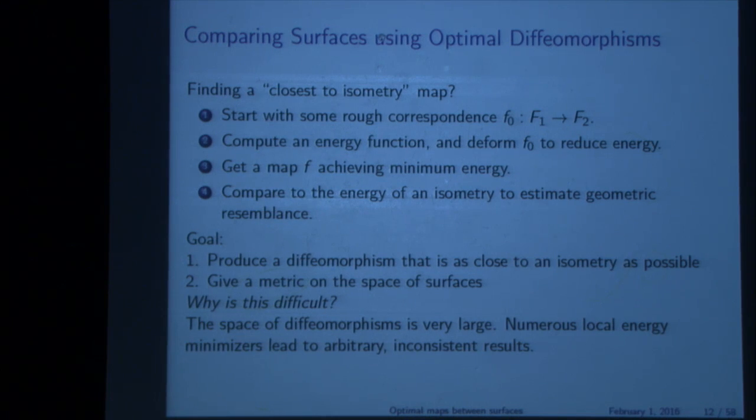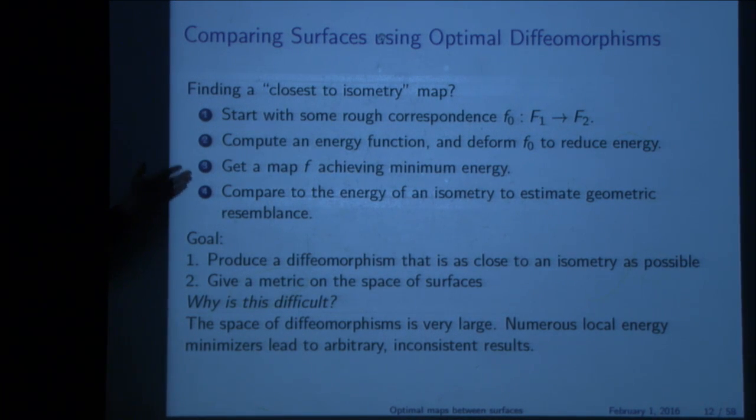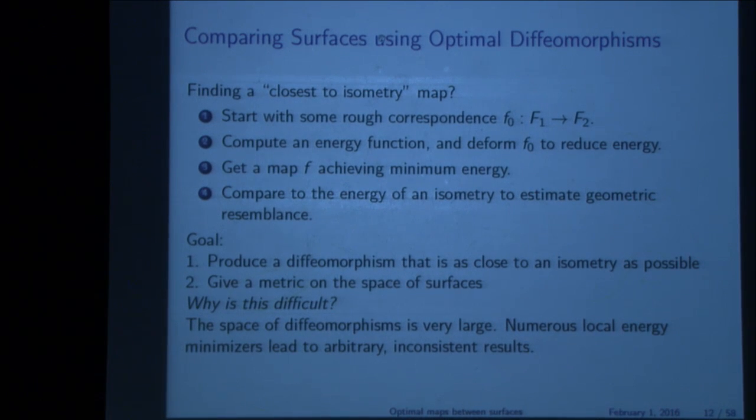So why is this difficult to do? You might think that you could start with some rough correspondence and then create some measurement of distortion and decrease that through some kind of flow until you achieve an energy minimizer of some sort, and then you compare to the energy of an isometry. This has been done. This kind of thing is fairly standard in applied math.